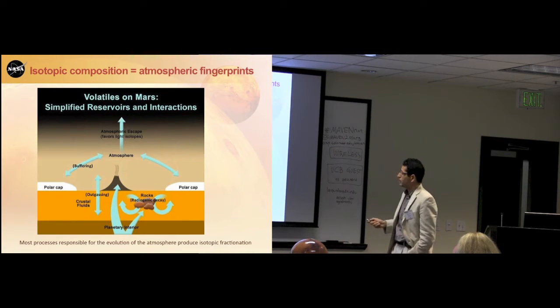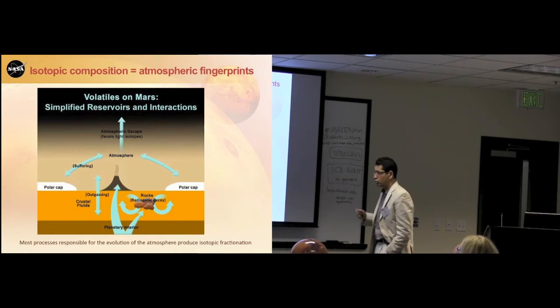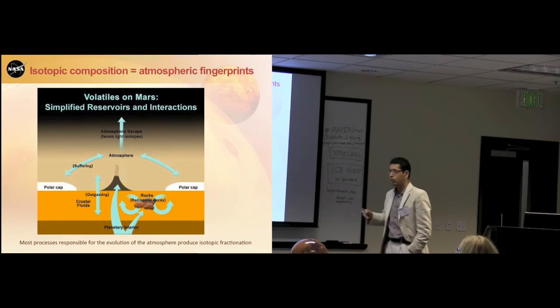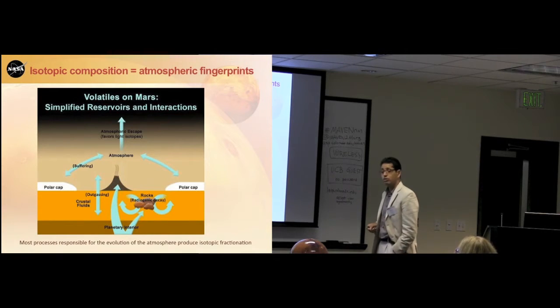So all the processes that we may think about, from atmospheric escape, which Janet talked about earlier, favors lighter isotopes, to exchange with a polar cap, what we call buffering, to the outgassing from the crust or deeper inside the planet, from radiogenic decay of radiogenic elements in the rocks. All of these leave an isotopic signature.